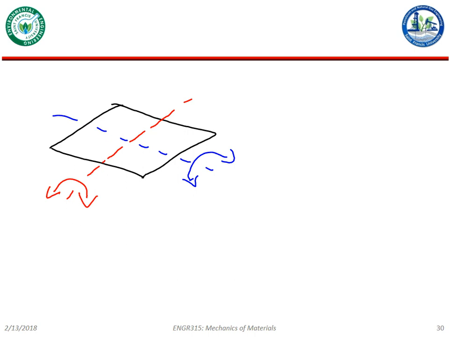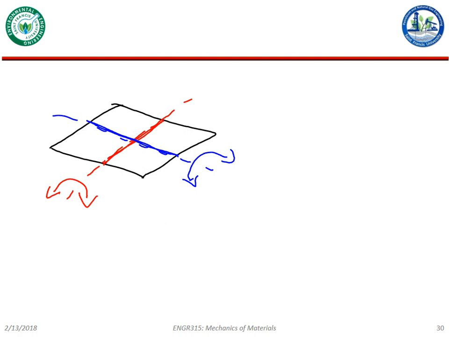Like if I cut a cross section through here, I'll encounter less material, say, than through here. So it might be intuitive that where there's more material, it's harder to bend.